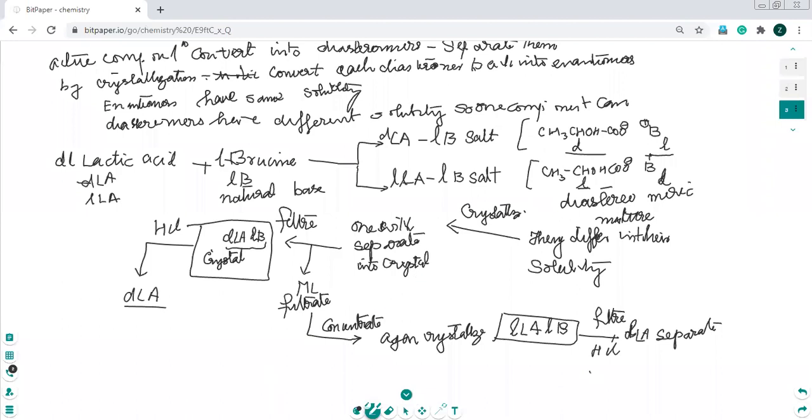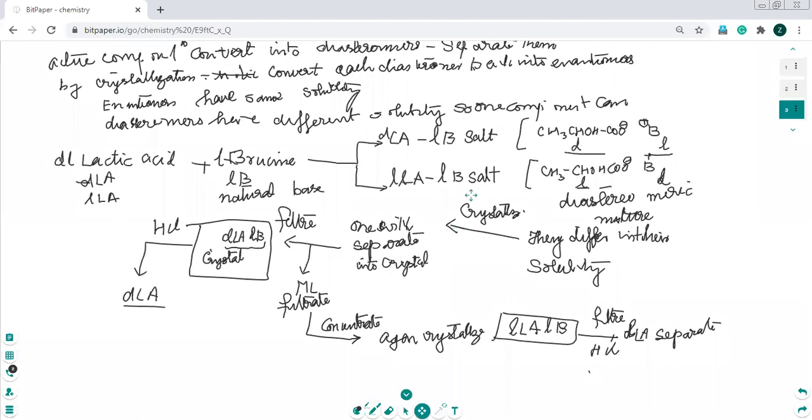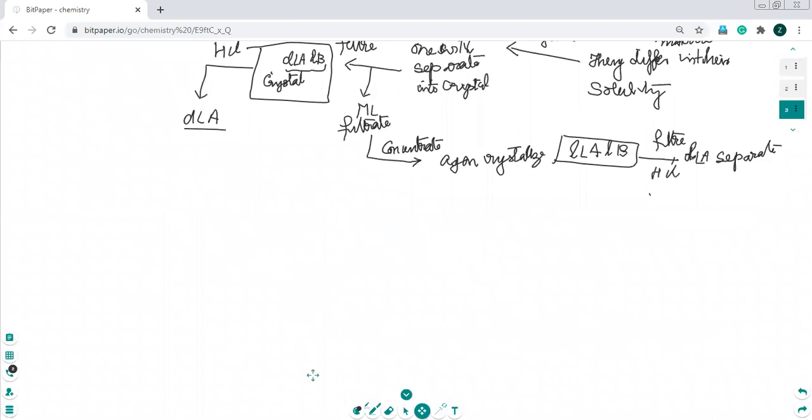Now the fourth method is called the selective adsorption method.